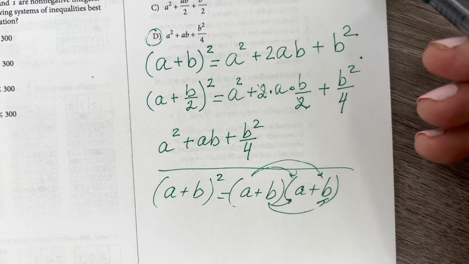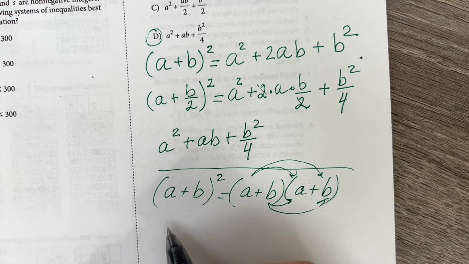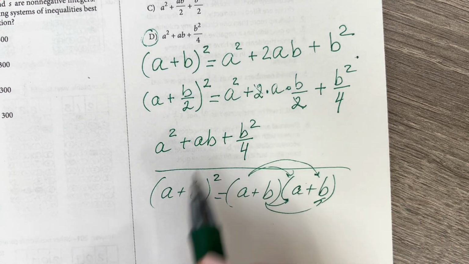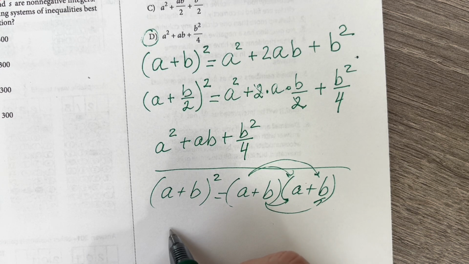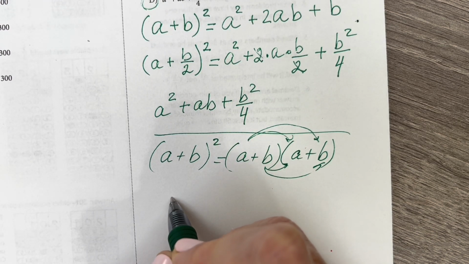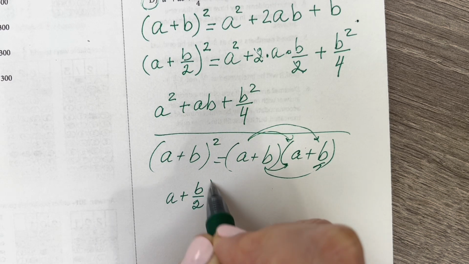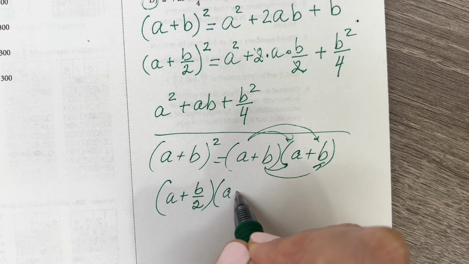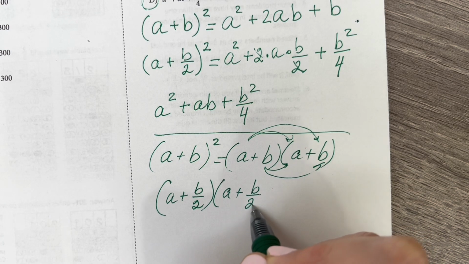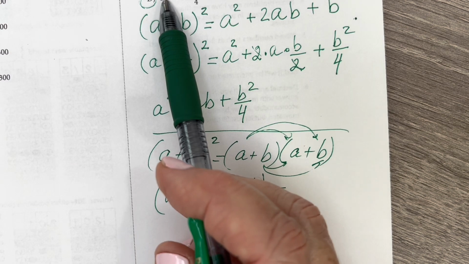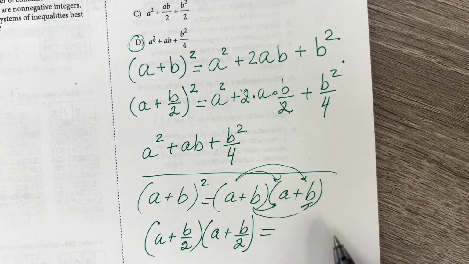The formula is a shortcut, an easier way, but you can also work out (a plus b over 2) times (a plus b over 2), and you will have your final answer, which will connect you to D. That's how it works out for this question.